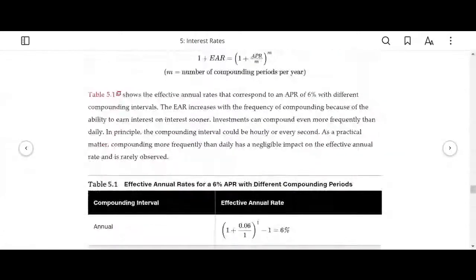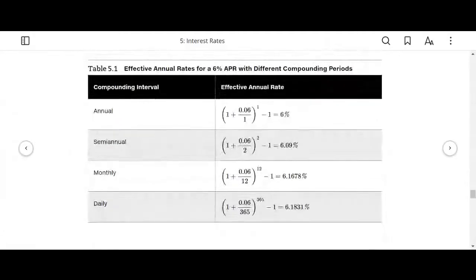I want to show you another one. Now, everyone, these are the effective annual rates when we do our calculations. This equals 1 year. This equals semi-annual. This equals monthly. And this equals daily. Please look at these formulas and write them down. Take a picture, whatever you want to do.